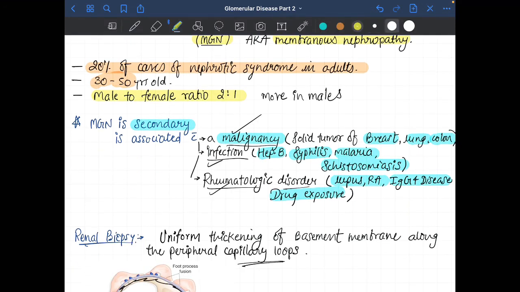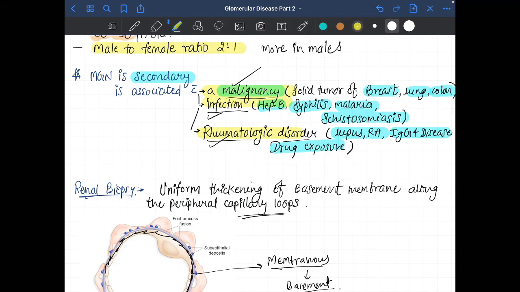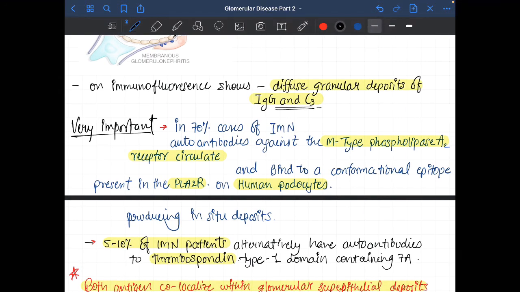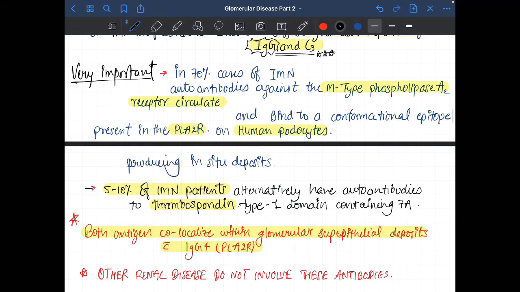Very, very important. Alright. On immunology, we can find diffuse glomerular deposits of IgG and C3. Very important, C3 and IgG deposition. Now, concept. In 70% of cases of IMN, autoantibodies against the M-type phospholipase A2 receptor circulate.